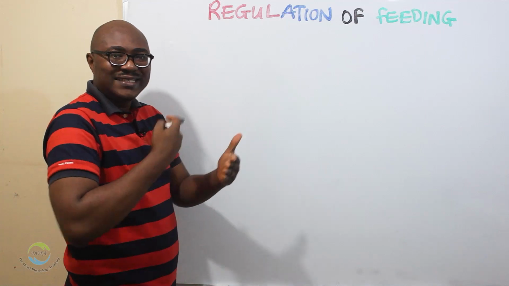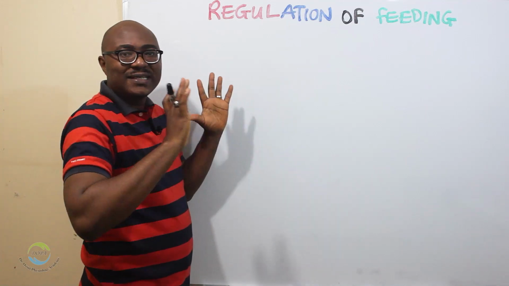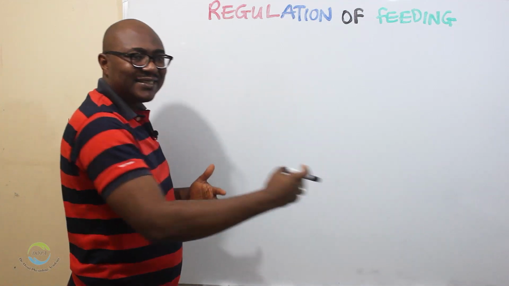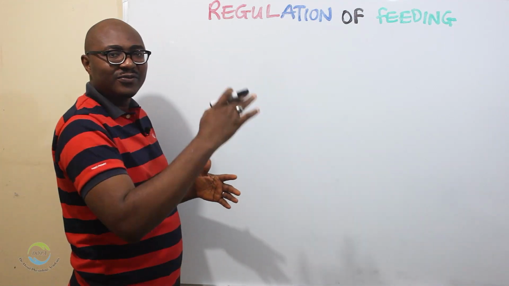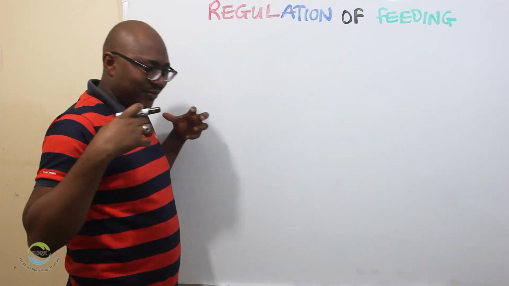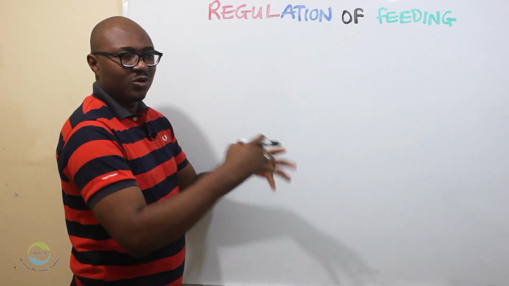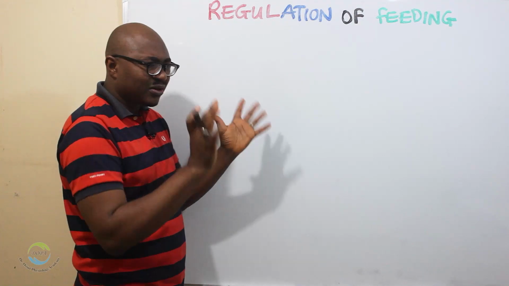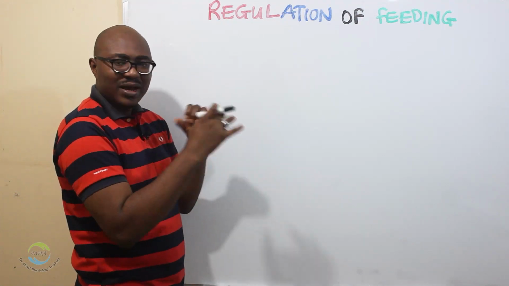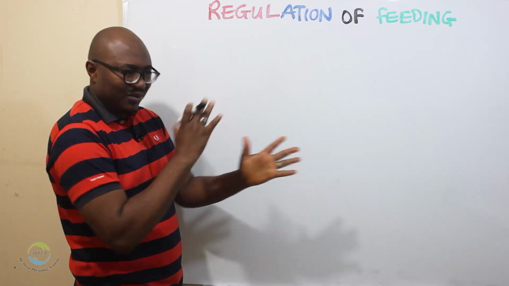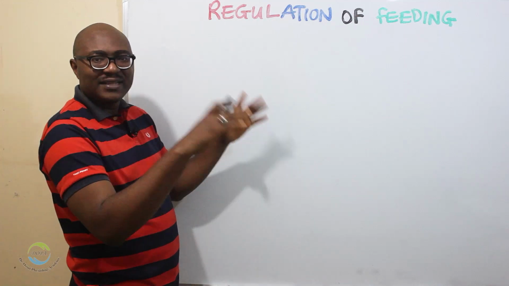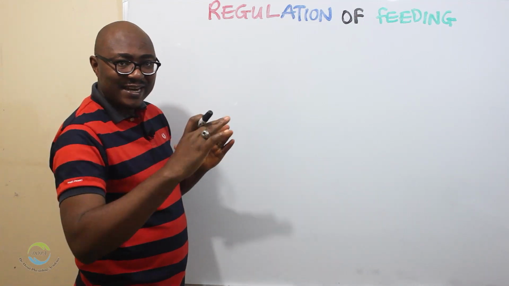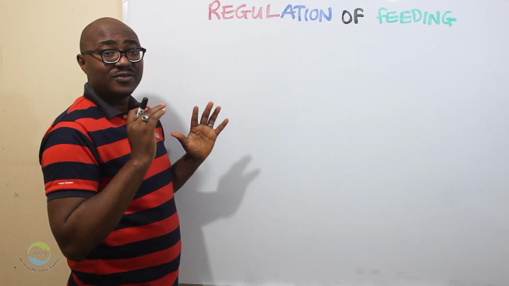So how the body deals with two basic mechanisms, which we say motility, movement of the food, and secretion, that releases a lot of water, electrolytes, and enzymes, mucus, and all of that, that will help to handle the food. Okay, the body regulates that by enteric plexus with some support from the ANS, the autonomic nervous system.